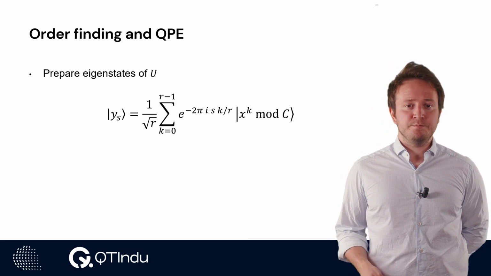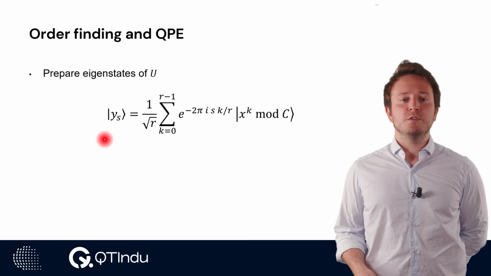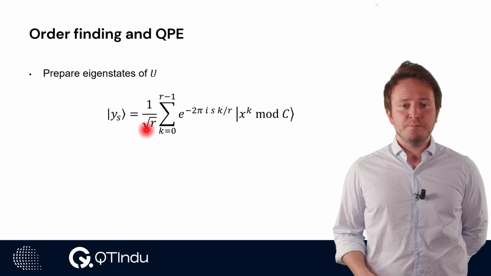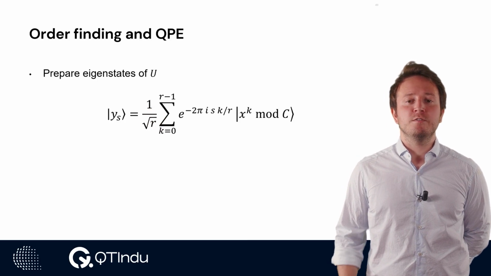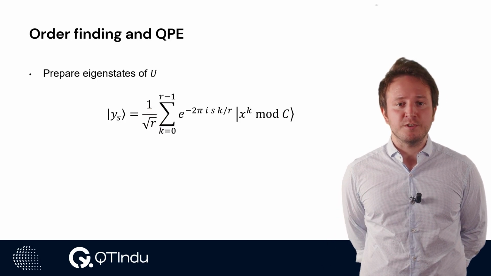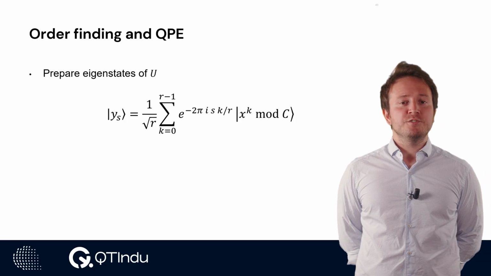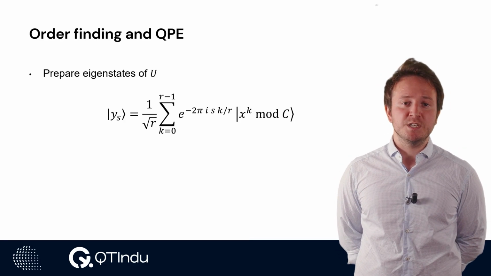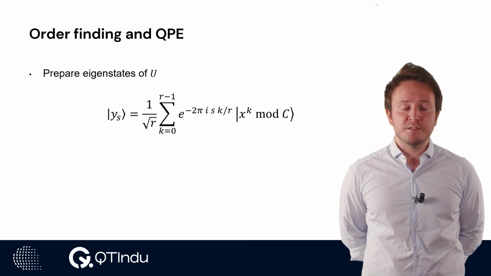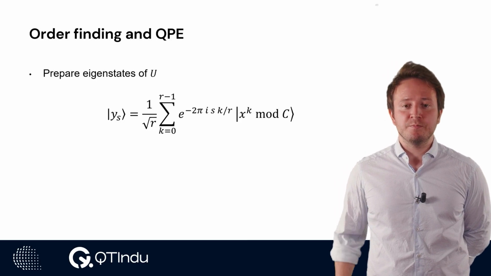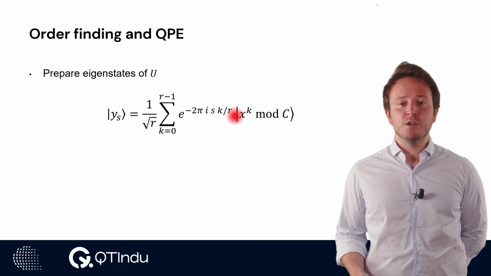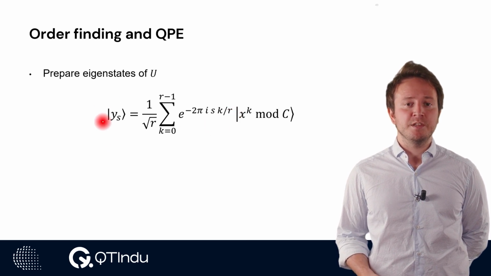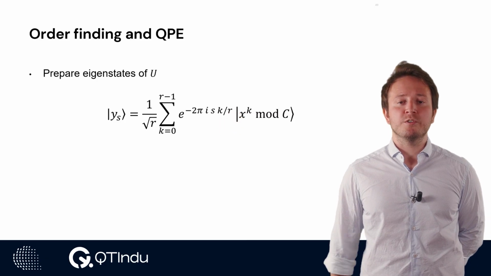The eigenstate of U can be decomposed into this form, where r is the order of x modulo c. Now, this is very interesting because it shows that there is a relation between the quantum phase estimation and the phase that we extract and the order of the number. In particular, the phase that we extract will depend on some number s, which is labeling the eigenstate, over the order r.